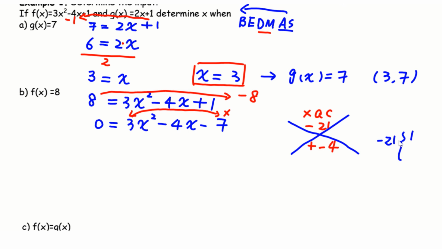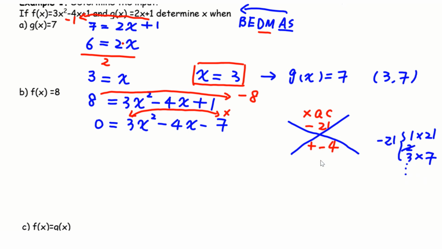We keep dividing 21 by 1, 2, 3, and keep going. 21 divided by 1 is 21, so 1 times 21 gives you 21. 21 divided by 2 is not divisible, so we don't have factor 2 for 21. Then we try 21 divided by 3, which gives you 7. Then 5, 6 are not divisible, then 7: 21 divided by 7 is 3, a repeat, so we don't need it. We have two pairs of factors for 21.